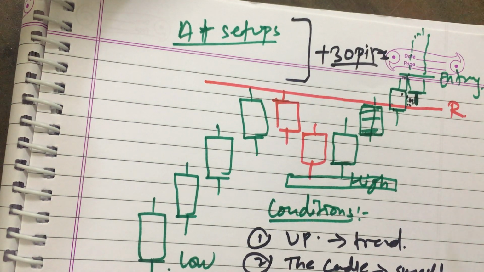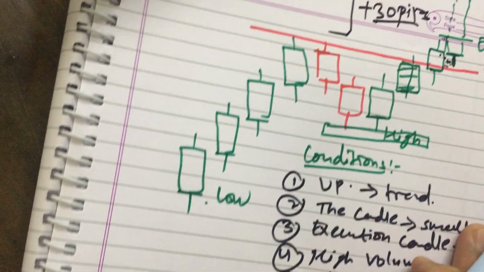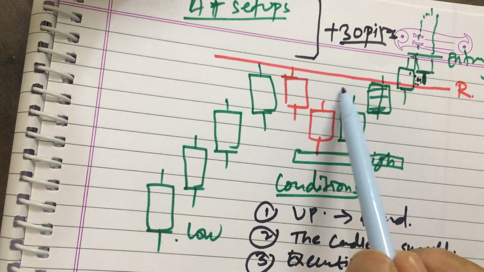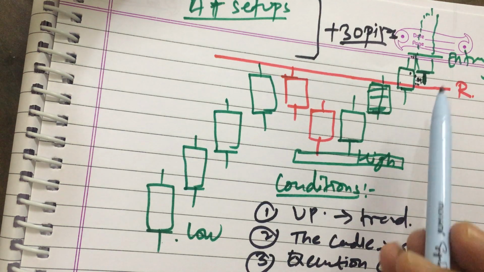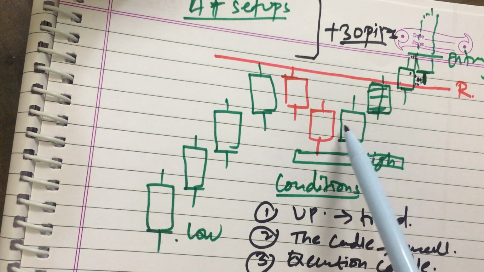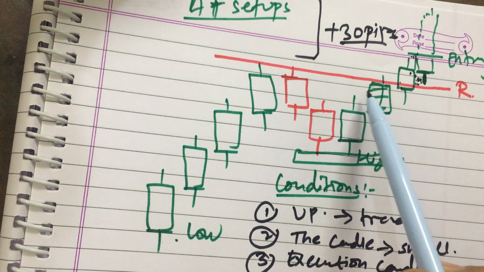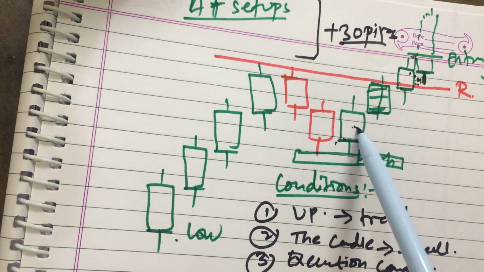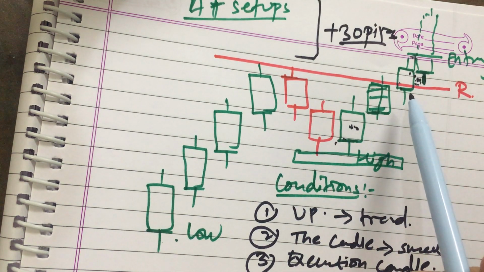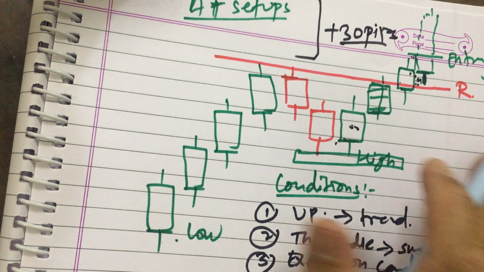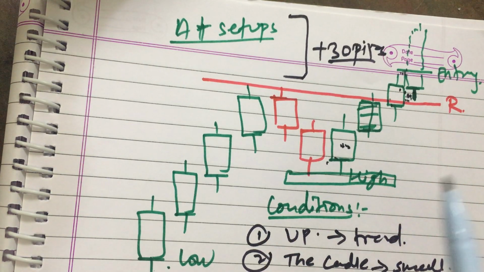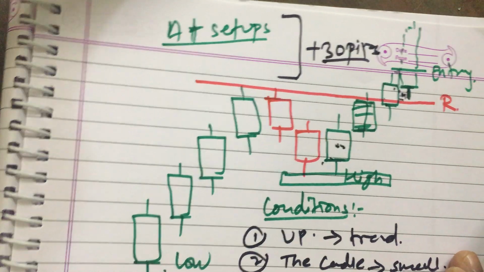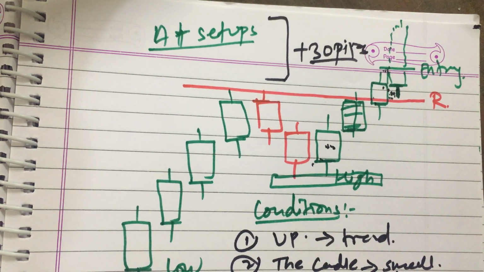Another thing that you need to consider is that these things more often happen at the point where there is not enough range after creating these supports. So you have to consider these things while executing the trade. It's an A plus setup. You can increase your lot size. So guys, this is the perfect setup for the uptrend.